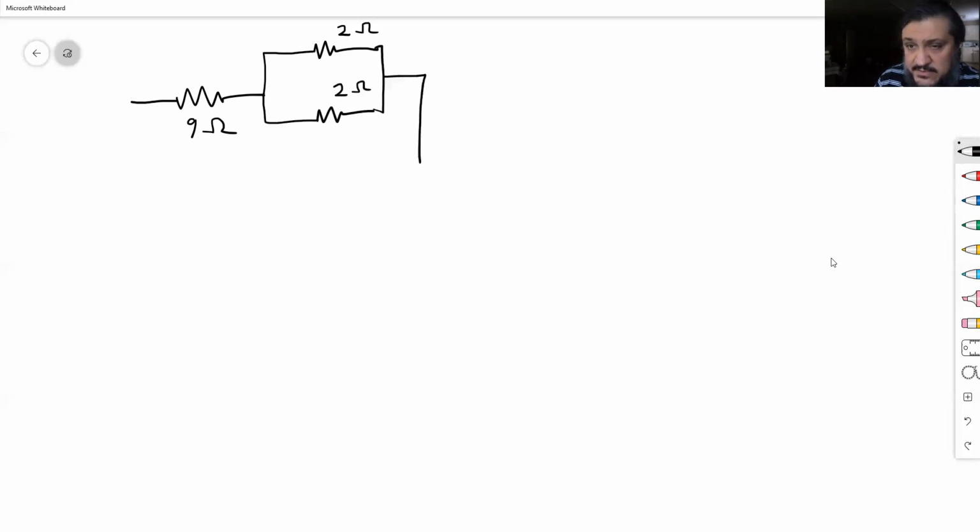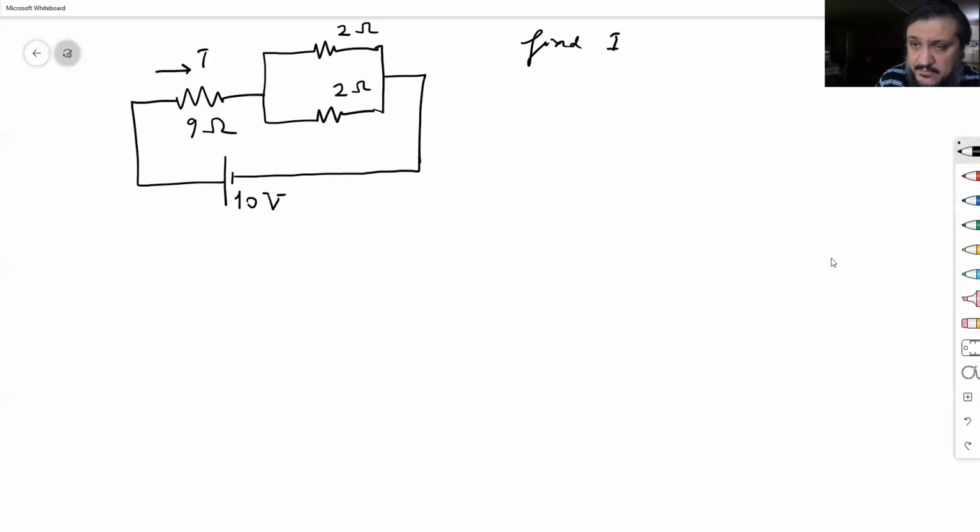And these are connected to a battery, I don't know, 10 volts. Very simple. Find I, which is the current that goes through the 9 ohm resistor, and then find I1 and I2. Let's say this is the I2.